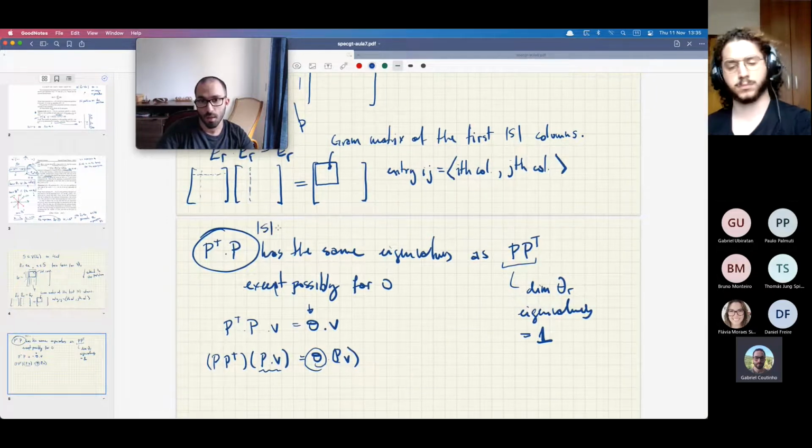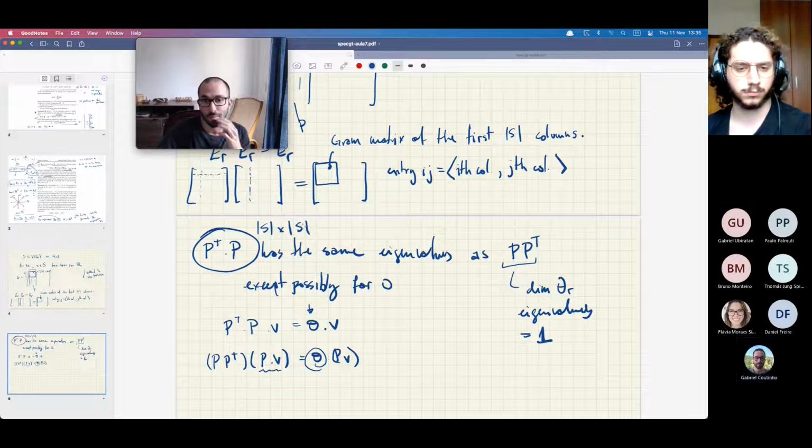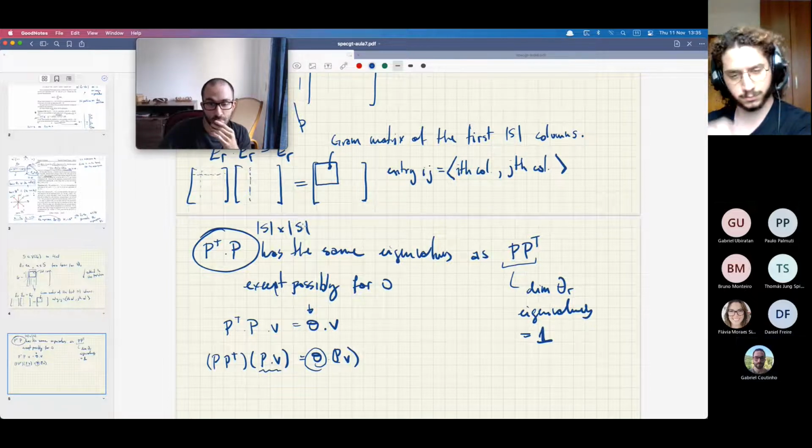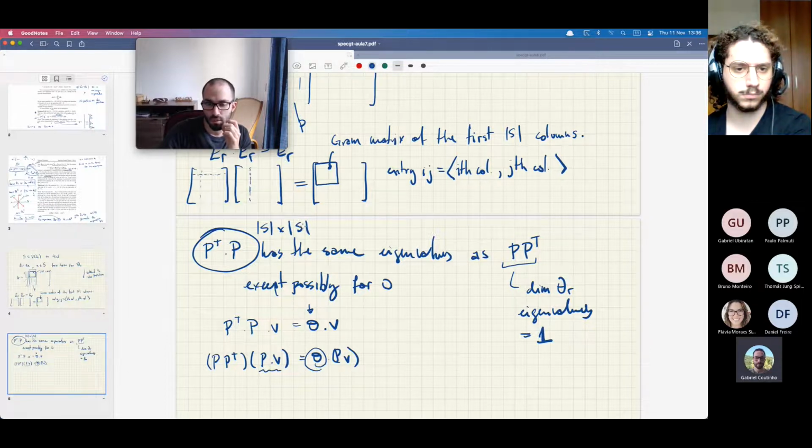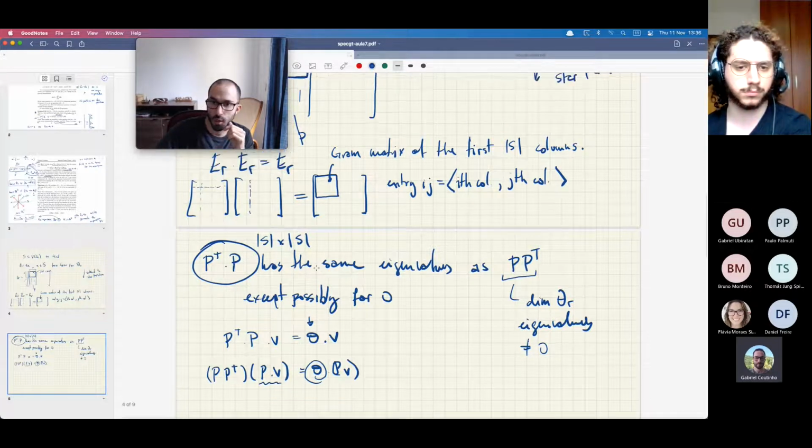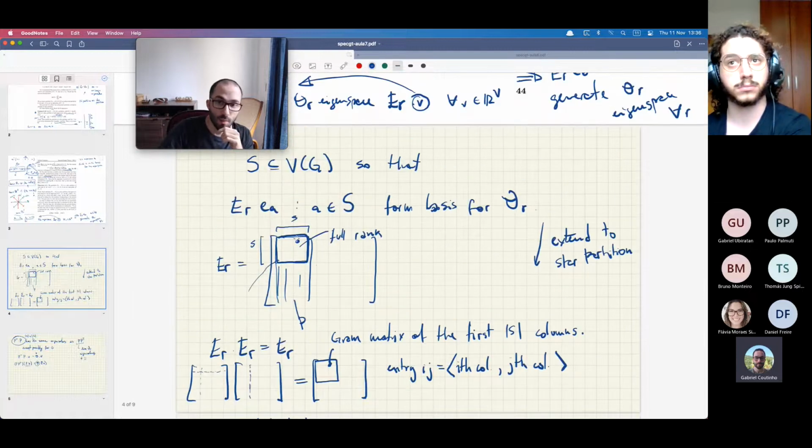This matrix is S by S. There's something off. Oh, this matrix doesn't have these eigenvalues equal to 1, but they're different than 0. Sorry, they're different than 0. And then, of course, these will be the same eigenvalues for this matrix. I'm good now. So yes, this matrix has full rank, this block here.